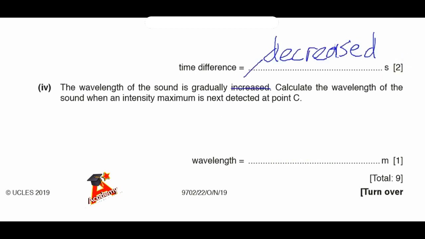Let us suppose the question had said the wavelength of the sound is gradually decreased. The next time when we would have a maximum at C, the next time when we would have constructive interference at C, it would be when we have 5 lambda equal to 6.4 meters.